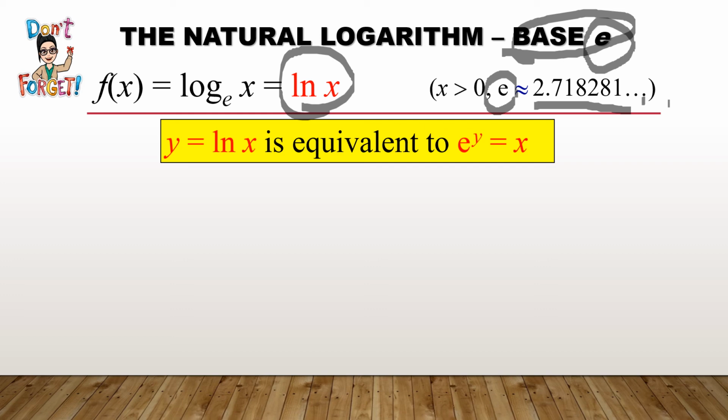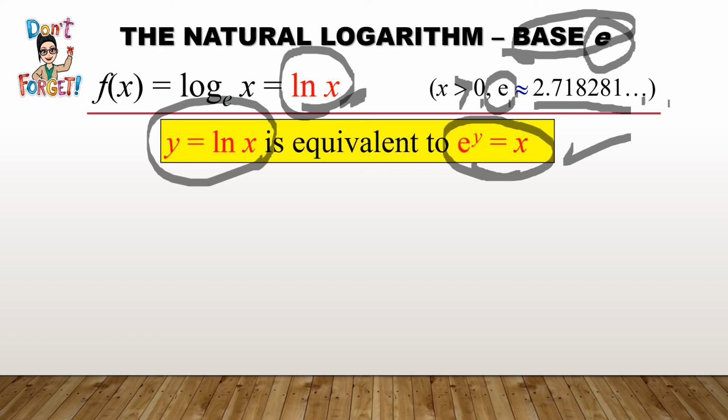So the same, log of x to base e is equal to ln x. x here should be greater than 0. Remember this: y is equal to ln x is equivalent to e raised to y is equal to x. So there is an inverse again. This is the exponential function. This is the natural logarithm, y is equal to ln x.